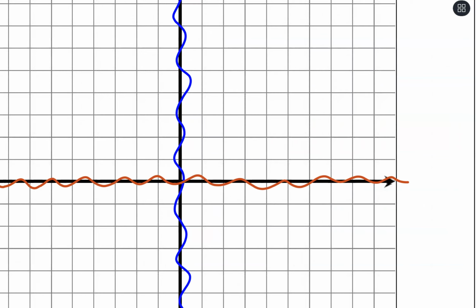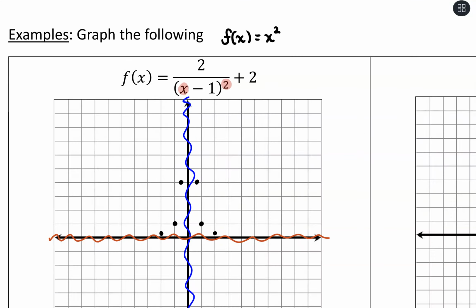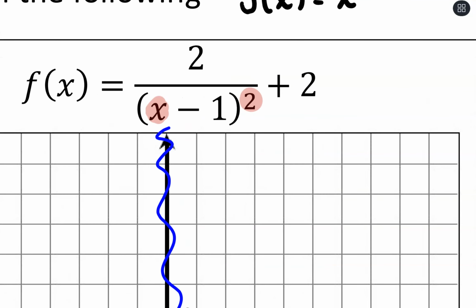So there's our asymptotes. And then I would have 1, 1, and negative 1, 1. At a half, I'm up at 4. At 2, I'm at a fourth. And I'll just stick with those coordinates there. Okay, this 2 up in the numerator is multiplying on, so that's going to be a vertical stretch by 2.